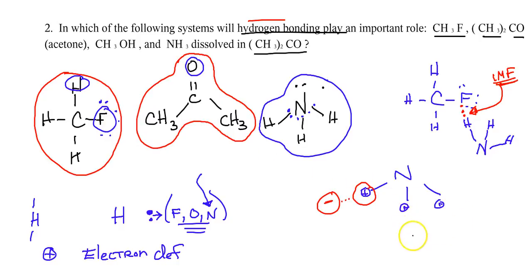I'll just draw it right here: CH3, CH3, double bonded O, and this is an H from the end, so there is another H bond. So although acetone cannot H bond with itself, it can form an H bond because of the electron-deficient H of, in this case, ammonia. Okay, so moving forward.